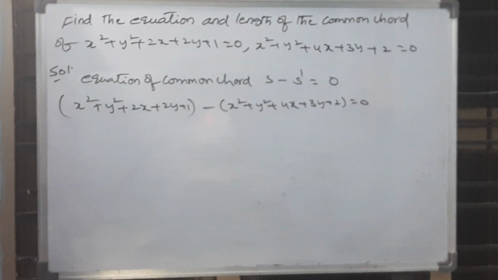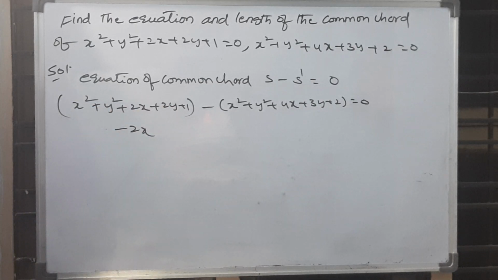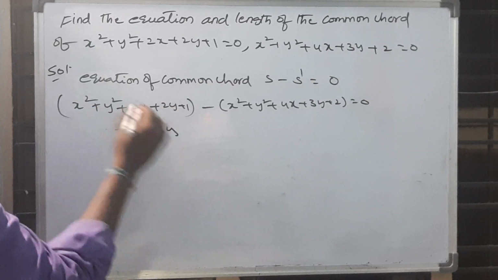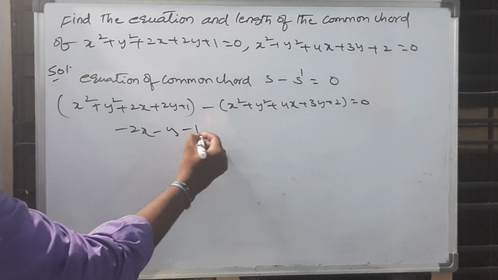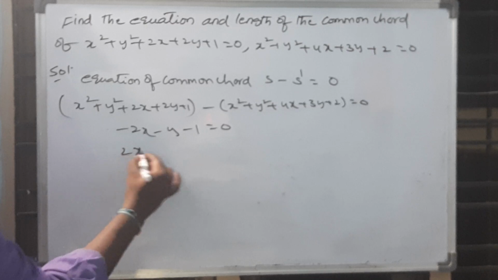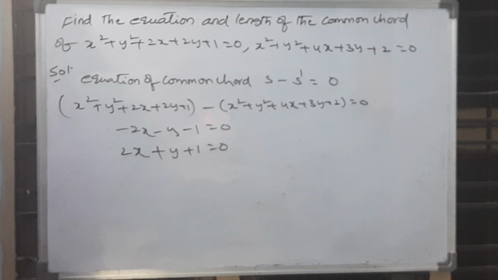So x square, y square cancel. 2x minus 4x is minus 2x. 2y minus 3y is minus y. 1 minus 2 is minus 1 equal to 0. Take minus common. The remaining is 2x plus y plus 1 equal to 0. So this is the equation of the common chord.